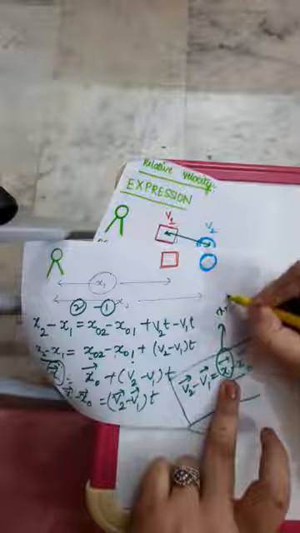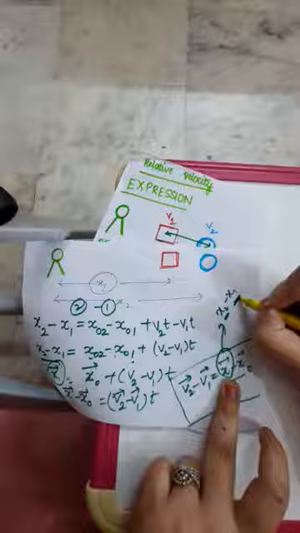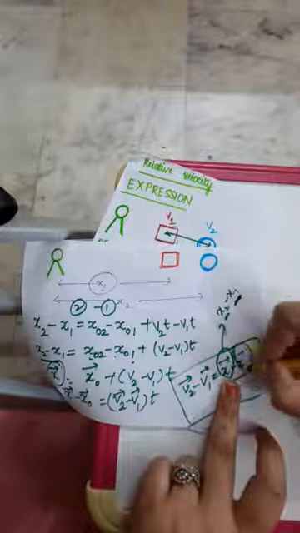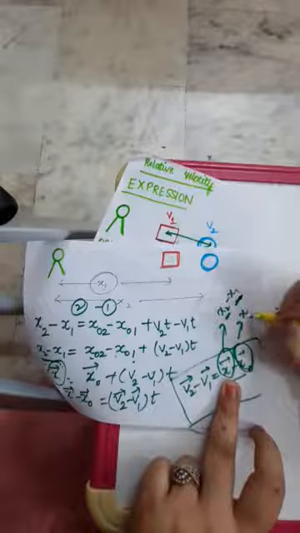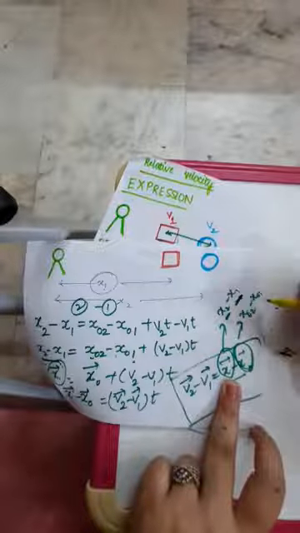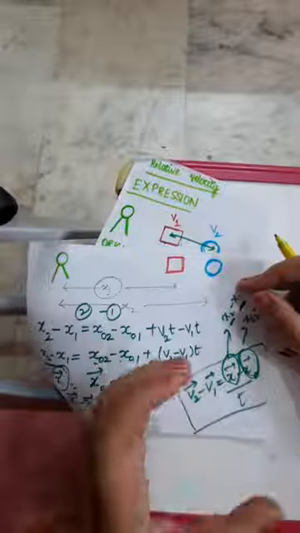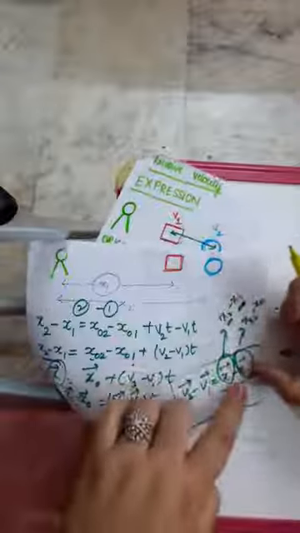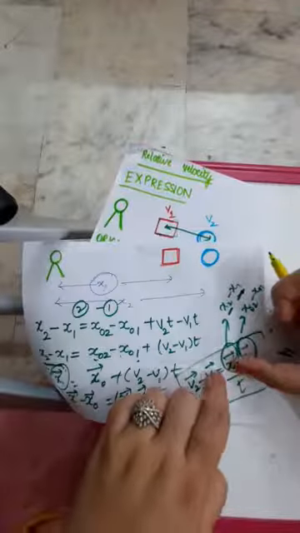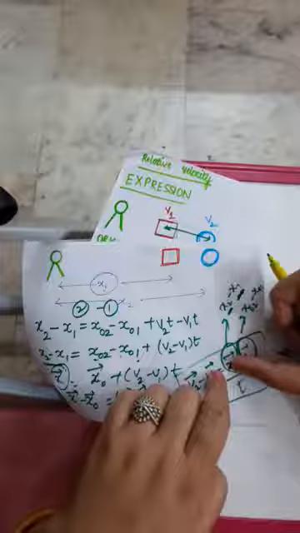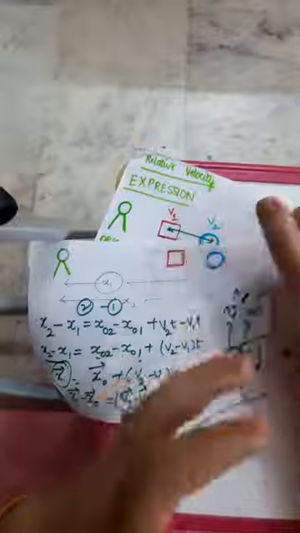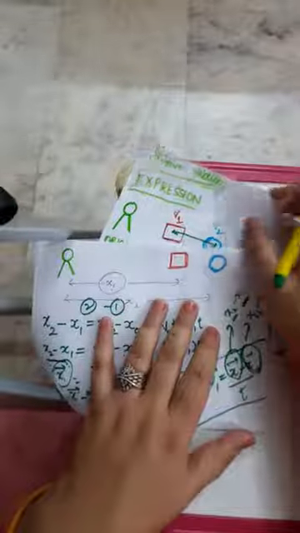This x vector was equal to x2 minus x1, which was the relative separation between the bodies after the motion started, and x naught vector was the relative separation between the bodies when the motion had not started. Initially, when they were at their positions, what was the difference between them? That is x naught vector. And what is x vector? Once the motion has started, after a few seconds, at what difference are they? Obviously this difference will not remain constant.